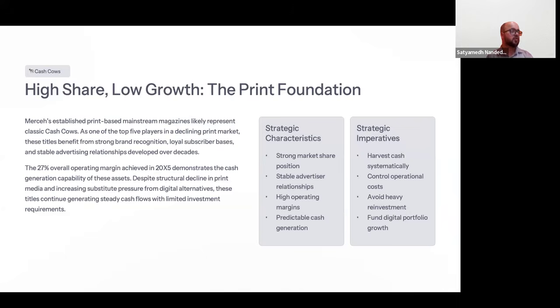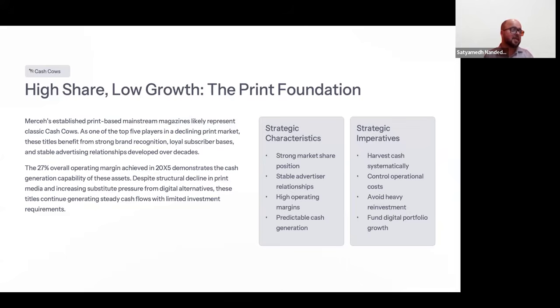And although the shift is happening from print media to digital media, these magazines continue to provide you with a steady stream of cash flows. You can stay invested in this market, but you need to, what they are saying, harvest cash systematically. What do you mean by harvest cash systematically?